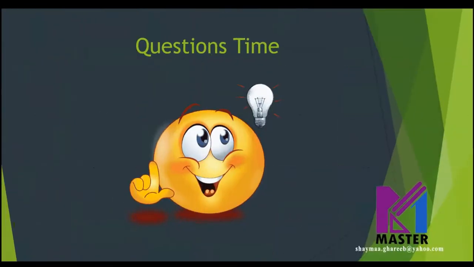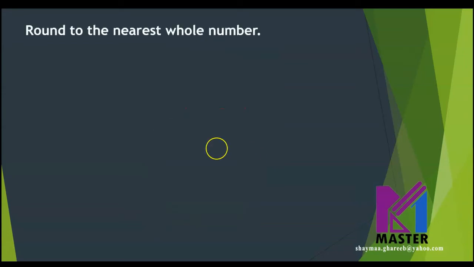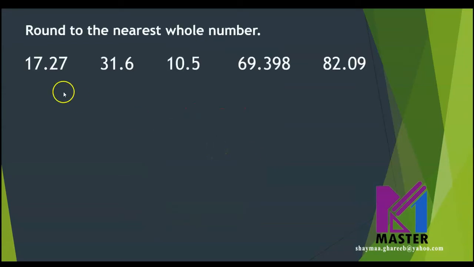Now let's see some questions. Round to the nearest whole number. 17 and 27 hundredths. Do I care about the digit in the tenths place or in the hundredths place? We said when we round to the nearest whole number, I only look at the digit in the tenths place, in the first decimal place.